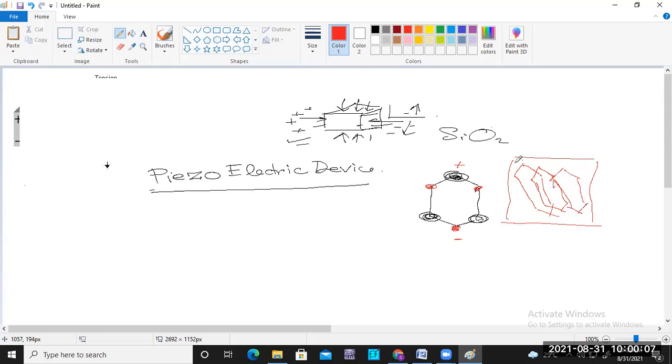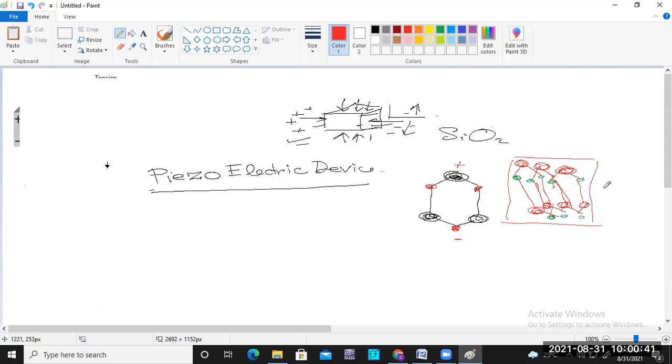At the top, all the silicons are here, and at the bottom, all the oxygens are gathering here, because it goes silicon, then oxygen, then silicon, then oxygen. And here also silicon, silicon, silicon.